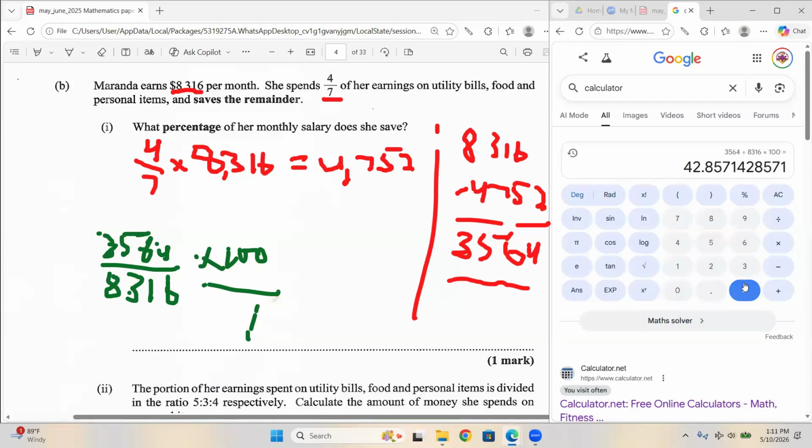I'm getting 42 point, okay, if I write it to one decimal place, five or more, we add one to this, so it will be 42.9%.